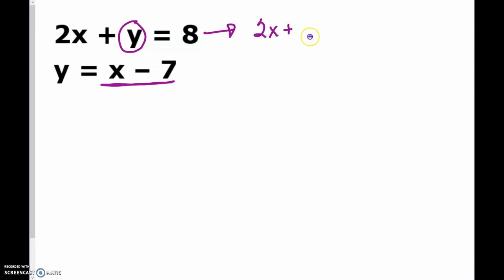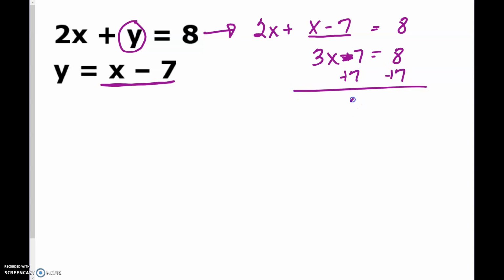Now, instead of writing this y in here, I'm going to replace it with what it equals, x minus 7. So I have 3x plus 7 equals 8. Oops, that's a minus 7. I switched signs on us. So we're going to add 7. So 3x equals 15.